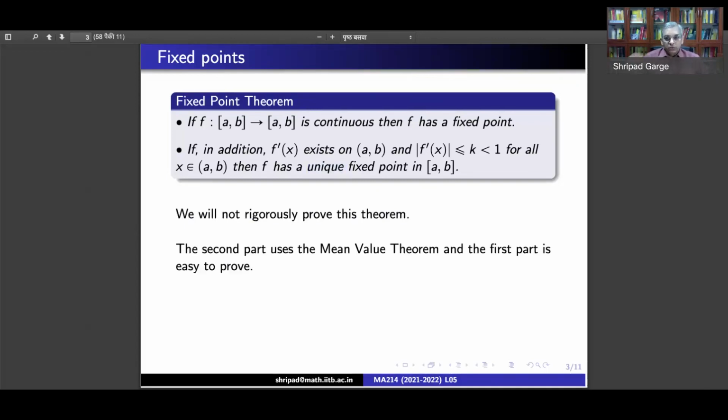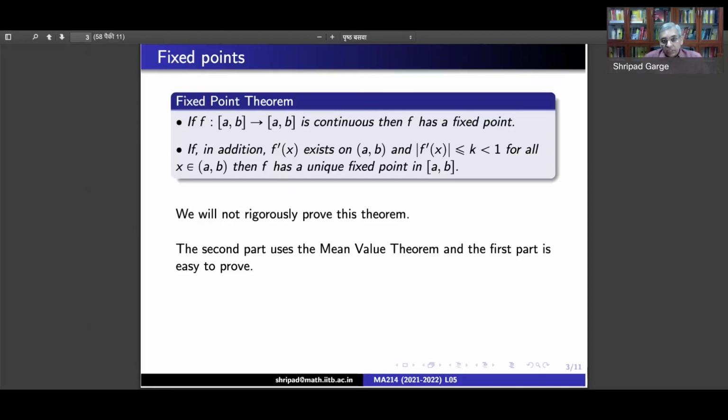Whenever you have two fixed points, you can use the mean value theorem, and then you will see that (f(p) - f(q))/(p - q) is the derivative at some other point, and so on, and then you can get a nice contradiction.